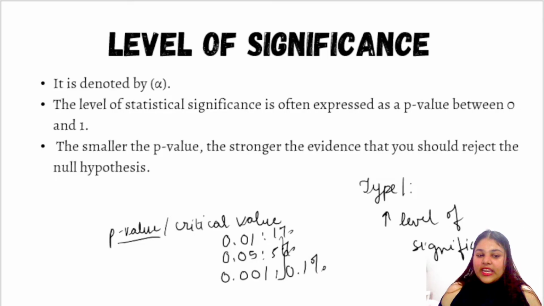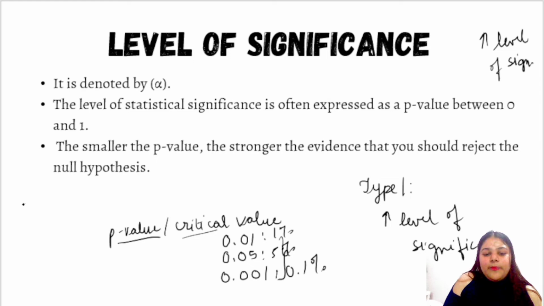So in psychology, we lower the chances of type 1 error by increasing the level of significance, or by making my study much more precise, by not allowing my researcher to make a lot of mistakes. And my critical value, or my p-value, lies on a scale of 0 to 1.